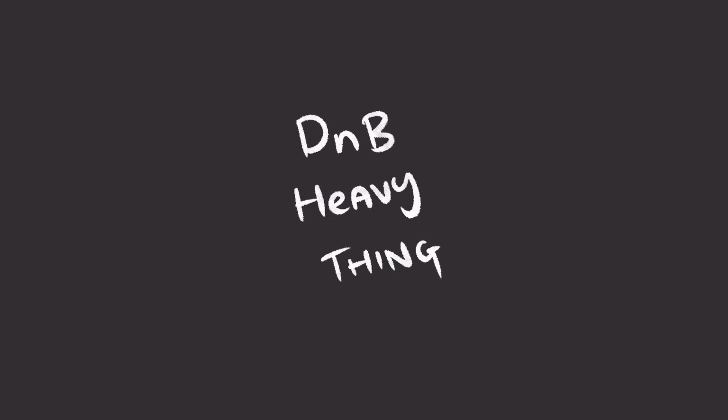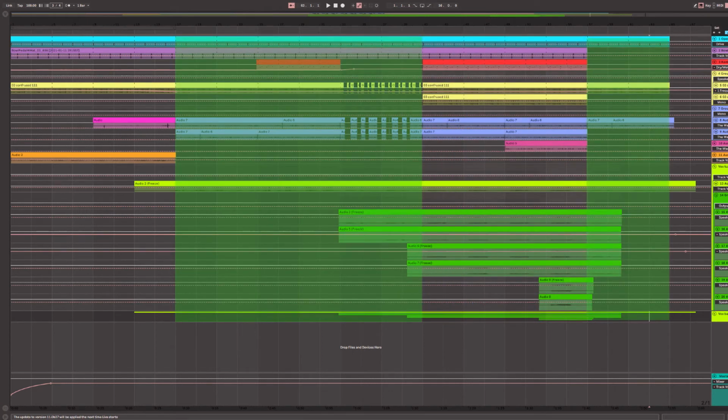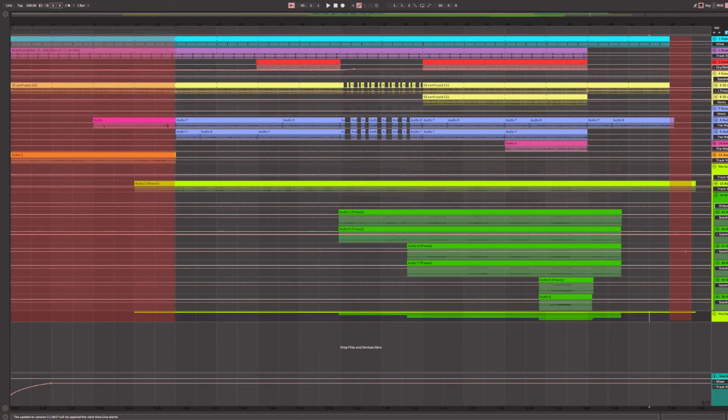We can also apply it to energy. We can say that the chorus and or the climax is big. The verses are medium. And maybe we have some breakdowns and an intro and an outro that are very small.